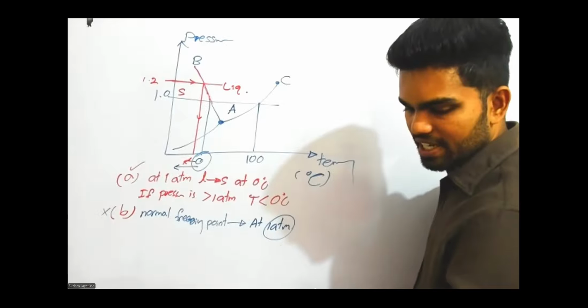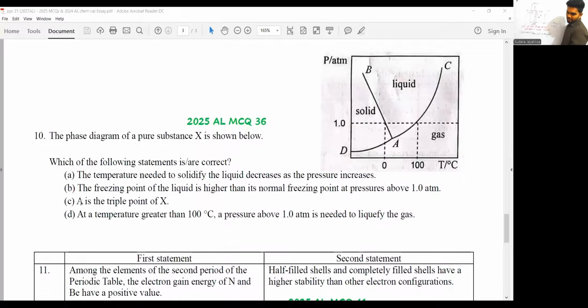We'll explain this again in a later lesson. Don't worry. Then A is the triple point, correct? So your answer is going to be 5. And the last one: at temperatures greater than 100, pressure above 180 m is needed to liquefy the gas. That must be understood by you. That part we explained.